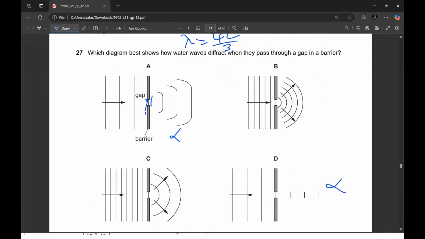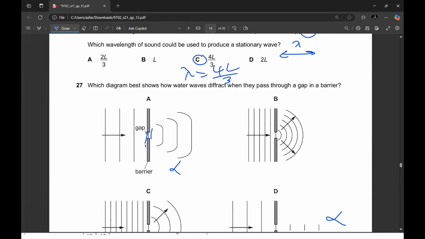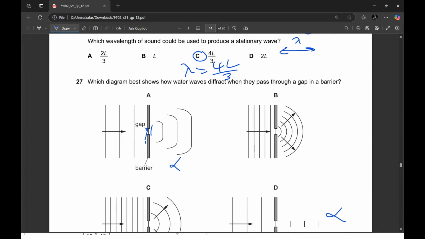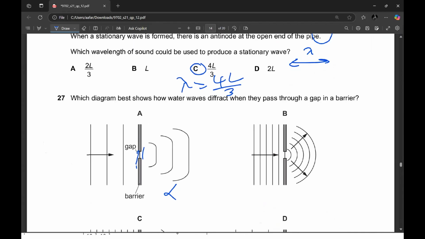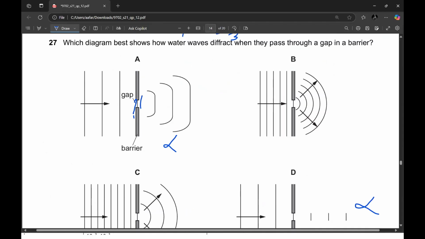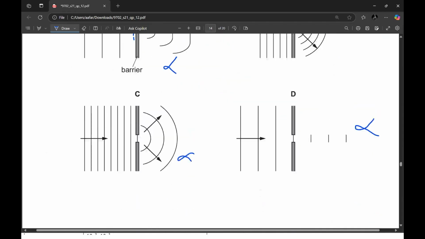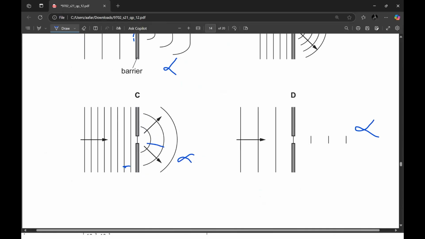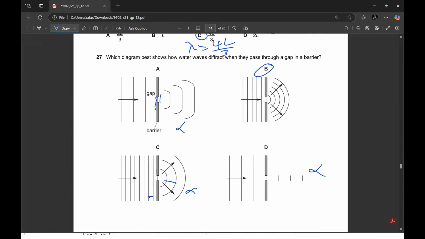I think C seems the most correct to me. But no, it's B. The wavelength is changing over here, right? That's why, since this wavelength over here is different.